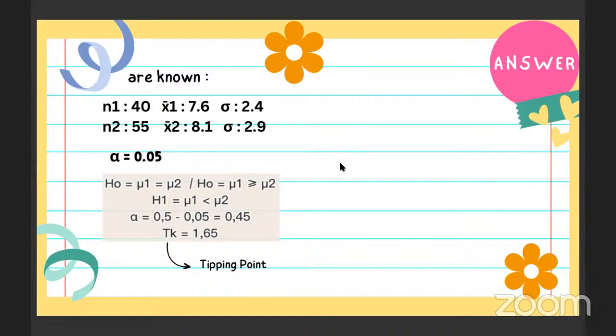So H0: mu1 is greater than or equal to mu2, and H1: mu1 is less than mu2. And the area is 0.5 minus 0.05, which is 0.45. The critical point is 1.65.